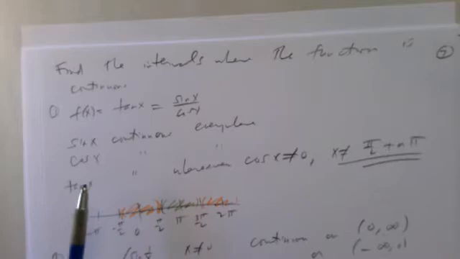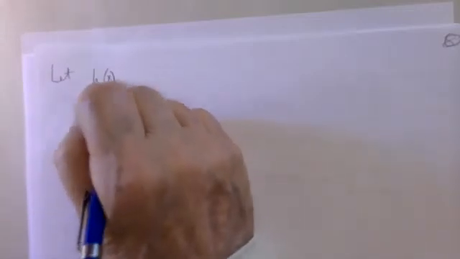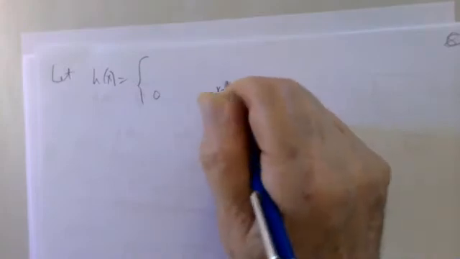If we modify this example a little bit, we do get a continuous function everywhere. And the modification is the following. Suppose we let h of x be equal to 0 at x equals 0.